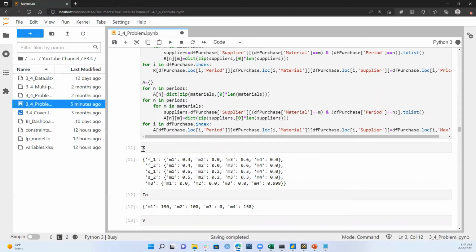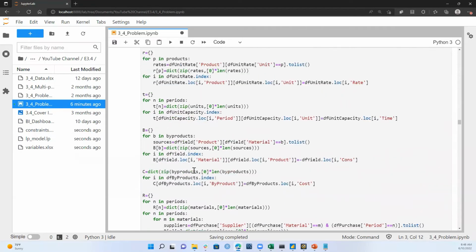So when we do that, we get our dictionary X, which again is our production variables. So product F in premium market tier 1, F in premium or discount market tier 2, and then the materials consumed and the coefficients. So this is similar to what we've done in episode 3.3.